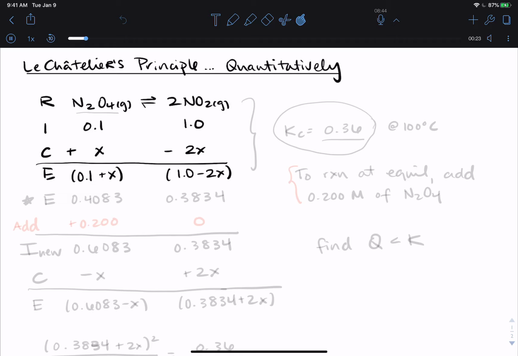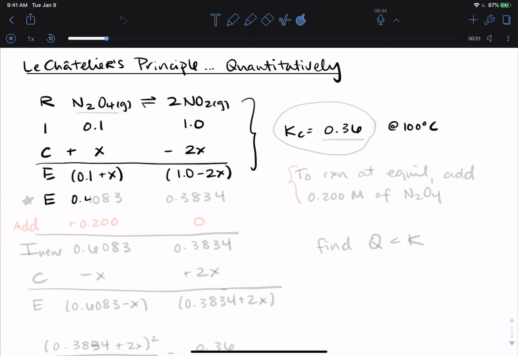So this problem right here is the one that we just solved in the last video, and from the problem, we know that this reaction, I think we're at 100 degrees, has a Kc value of 0.36. And when we solved, so I'm just going to write E again, because we solved for the actual concentrations at equilibrium.